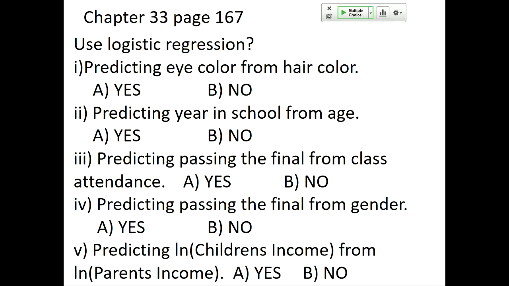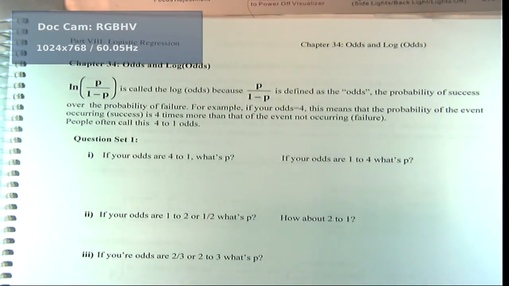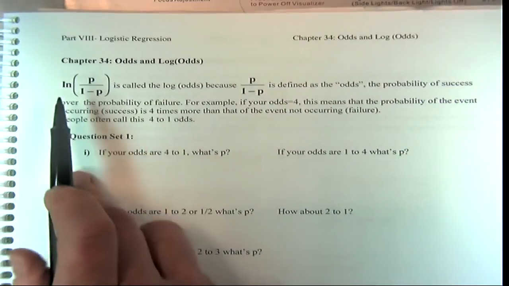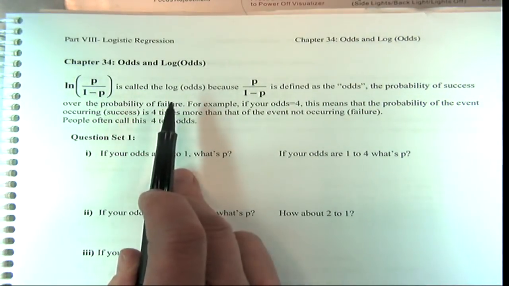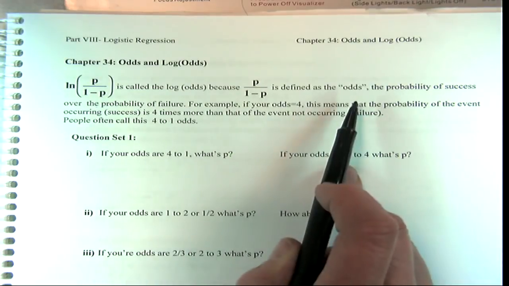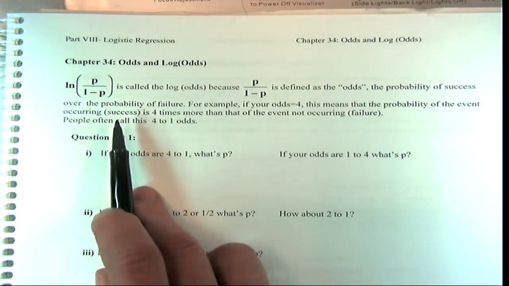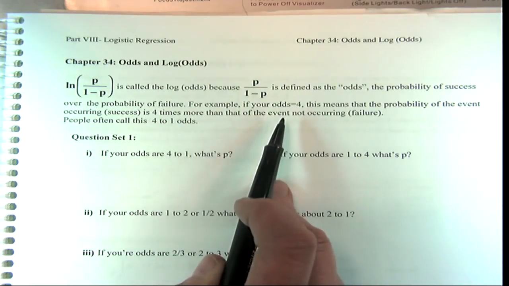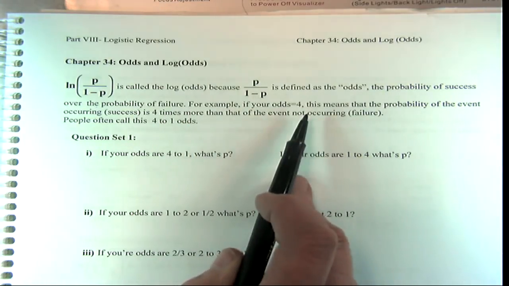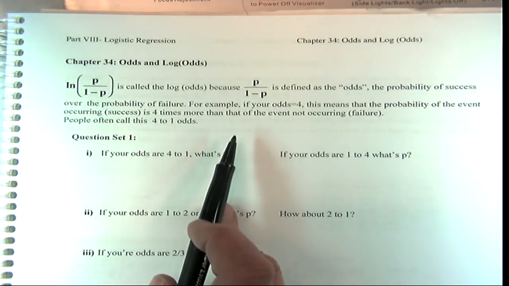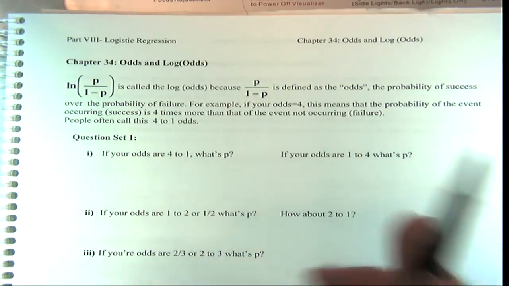All right. Now, let's go back to the document camera here. So this log of p over 1 minus p is the log odds, and p over 1 minus p is the odds. It's the probability of success over the probability of failure. For example, if your odds are 4, that means the probability of the event occurring, success, is 4 times that of the event not occurring, failure.